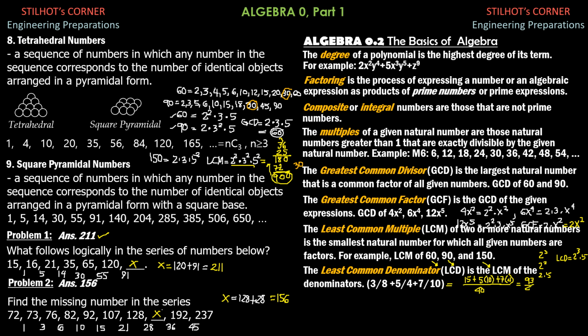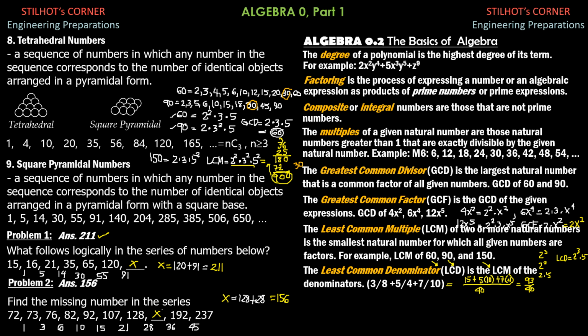So 93 over 40. You can check that with your calculator: 3/8 plus 5 over 4 plus 7 over 10 is indeed 93 over 40. But of course, do not expect to do that manually in the board exam because calculators are allowed.